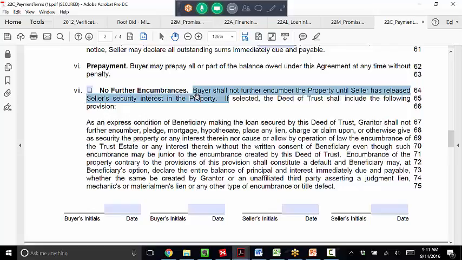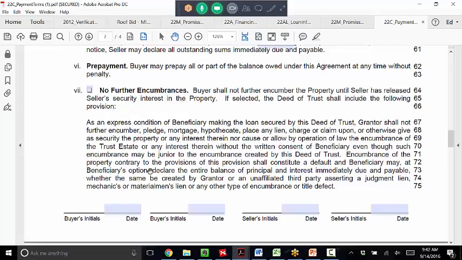Doris is the grantor. She's basically going into any potential scenario that would encumber the property. Right? Encumbrance of the property contrary to the provisions of this provision shall constitute a default, and beneficiary may, at beneficiary's option, declare the entire balance of principal and interest immediately due and payable.